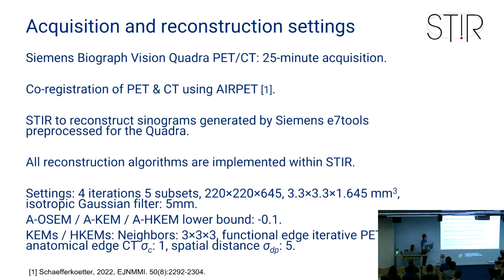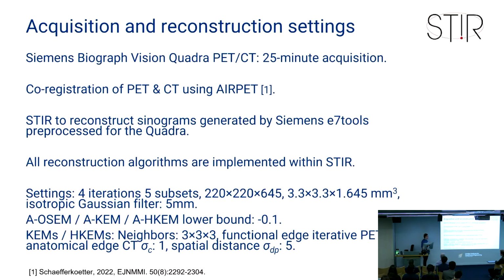In this dataset, we use the Siemens Biograph Vision Quadra PET-CT scanner with a 25 minute acquisition. We also did the co-registration between the PET and CT. We have already implemented the pipeline for reconstructing Siemens Quadra data in the open source software STIR, so we can reconstruct the sinogram generated from the Siemens E7 tools and pre-processed for the Quadra. All the reconstruction algorithms are implemented within STIR.